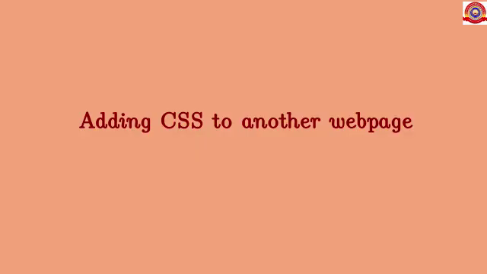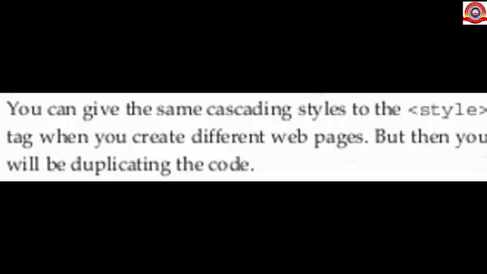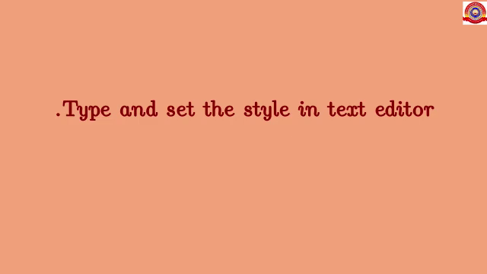Up to this, we have given different cascading styles to the web page we have created. Now, how can you give the same style to another web page? Let's see. We can give the same cascading style to the style tag when we create different web pages. For that, we have to type and set the style tag in a separate file.